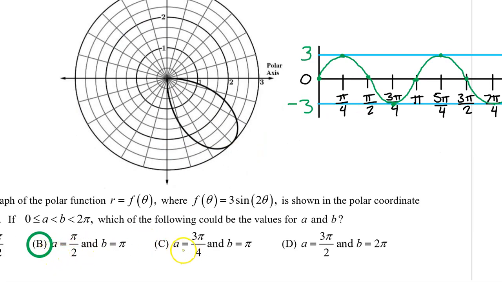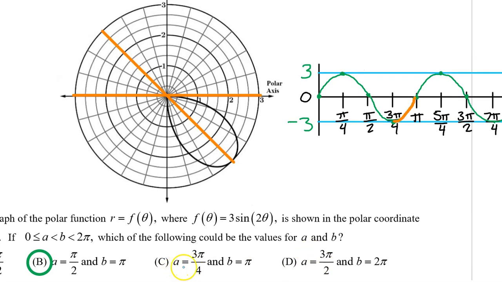Let's see if we can quickly eliminate options C and D. Option C represents the interval from 3 pi over 4 to pi. On the polar graph, that's going to be from here to here. However, on the rectangular graph, we notice that the r values are all negative.